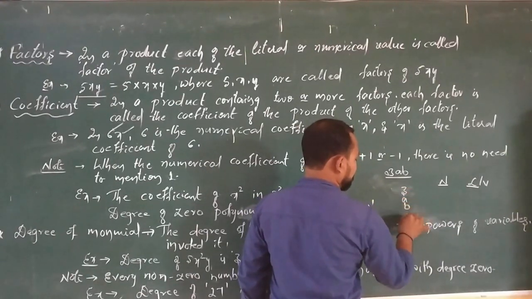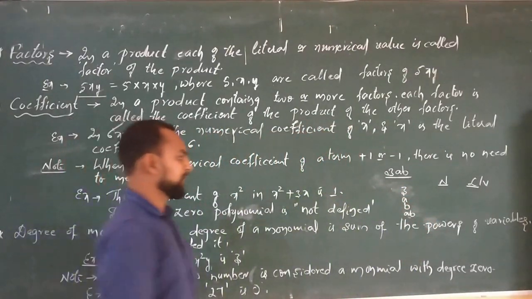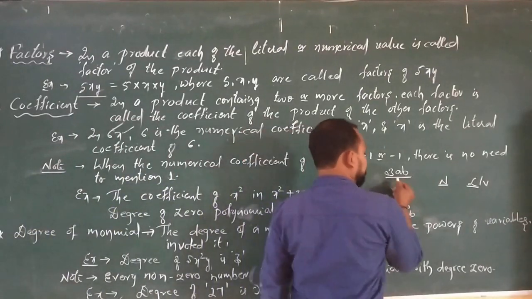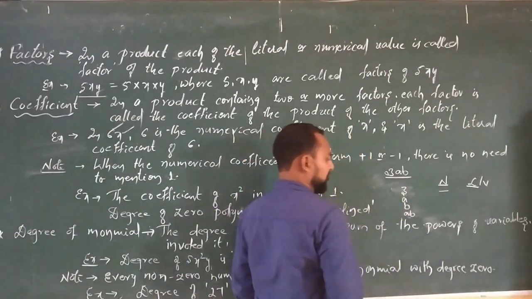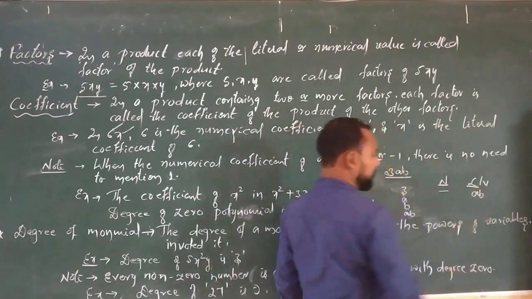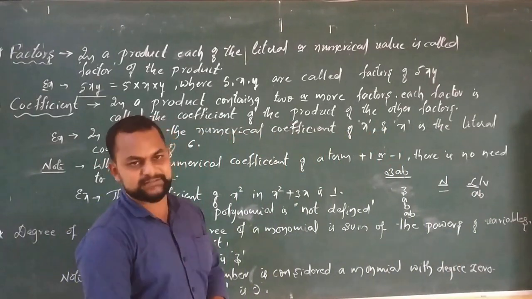There is no numerical coefficient of 3, and the literal coefficient, or variable coefficient, of 3 is ab.